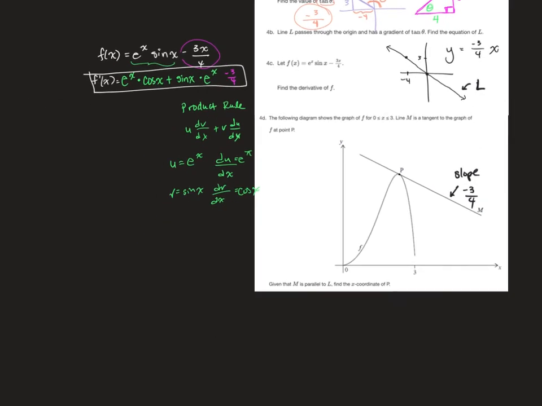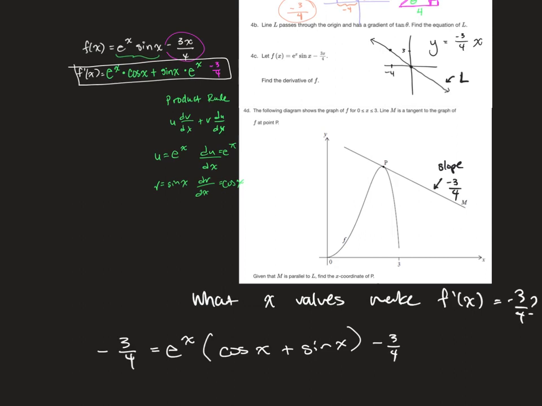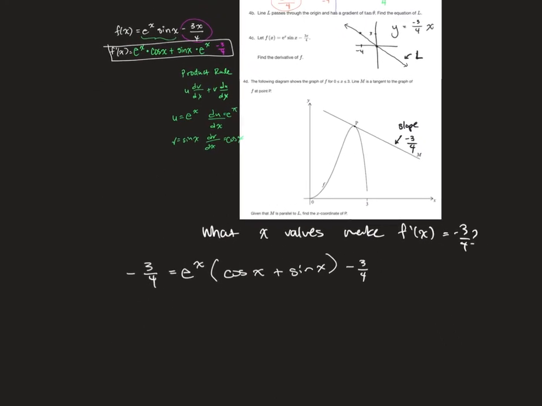So really what you're trying to do is solve for what x values make f prime of x equal to negative 3/4. That's what I want to do. So I plugged in negative 3/4 for f prime of x, and since there's an e to the x here and an e to the x here, I factored out an e to the x, and we have that negative 3/4. Well, that's going to simplify pretty nicely.